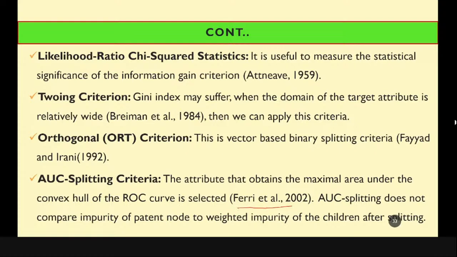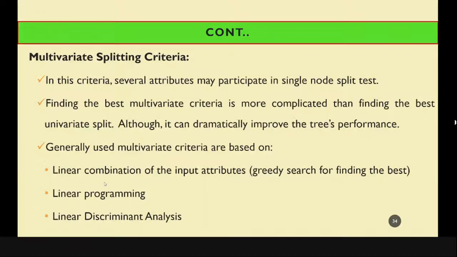You will be aware of the ROC curve, receiver operating characteristic curve, and the feature which covers the highest area is going to become the root of the tree. This is one of the very important splitting criteria which can be applied to build the decision tree.